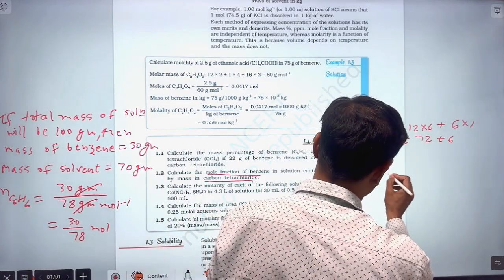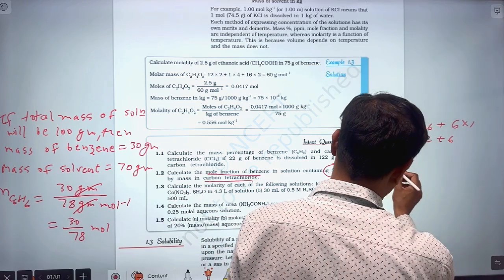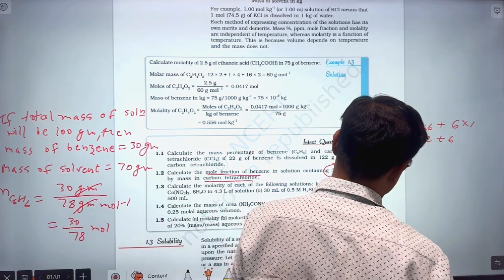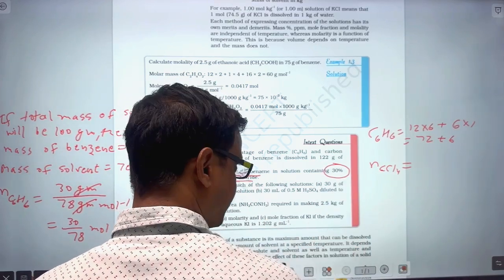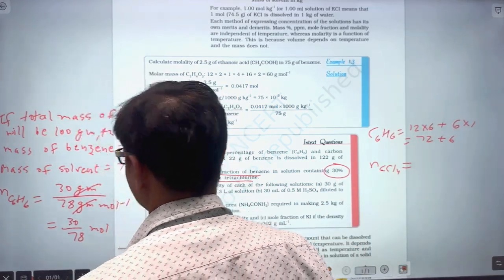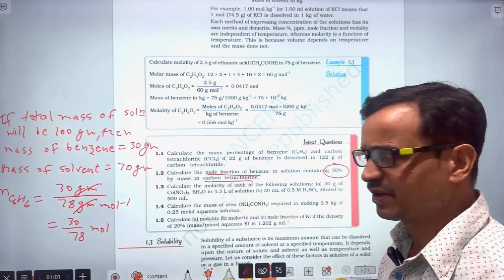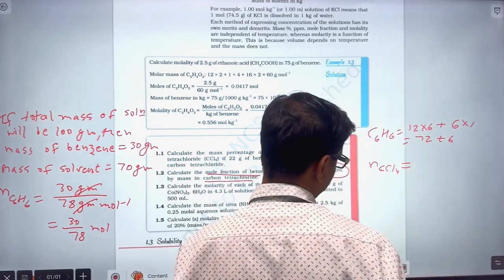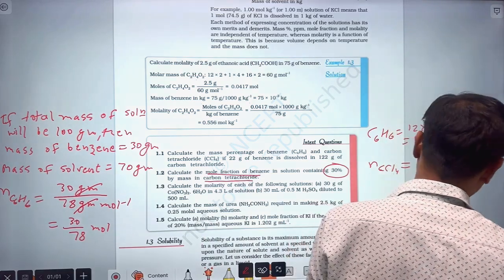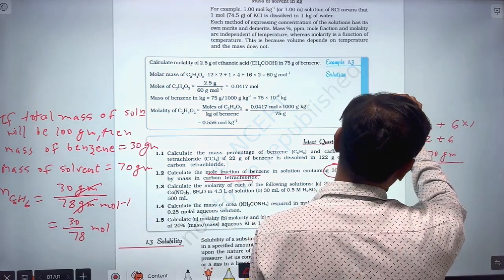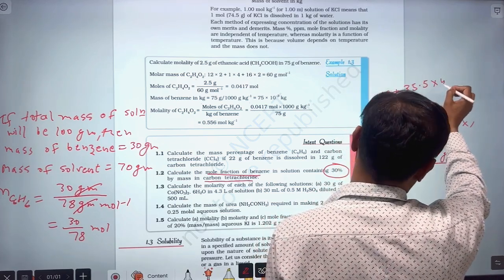Now you have to find the number of moles of CCl4. The weight of CCl4 is 70 gram, because out of 100 gram of solution, 30 gram is benzene, so carbon tetrachloride will be 70 gram. That upon the molecular weight of CCl4, which will be how much? 12 for carbon plus 35.5 into 4.